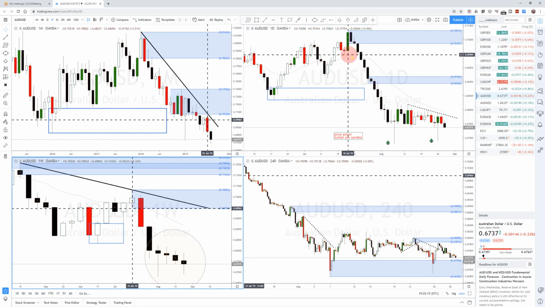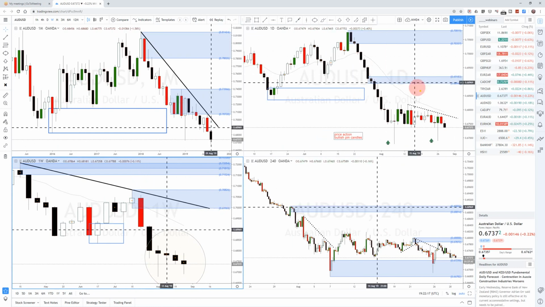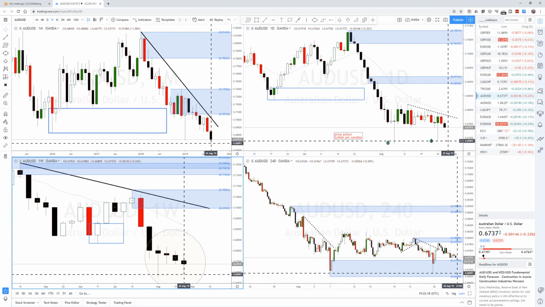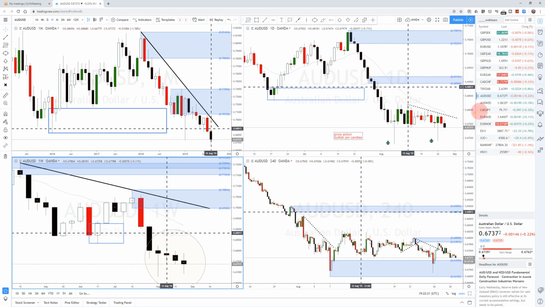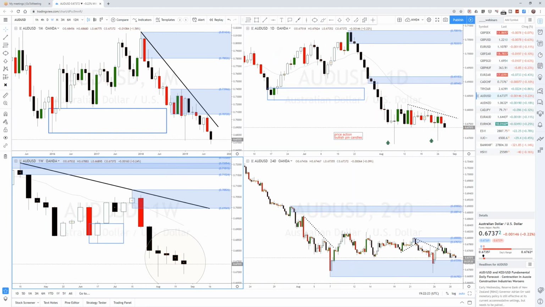Okay, right now, here it requires confirmation. By the time price reaches that daily area of supply, we will probably have, not for sure, but probably, if that happens, a weekly bullish engulfing pattern. So imagine that, a weekly bullish engulfing pattern. What do the engulfing lessons say when we have an engulfing pattern after a strong decline in price?